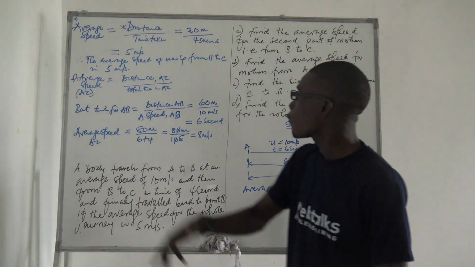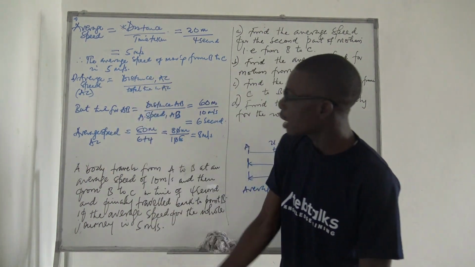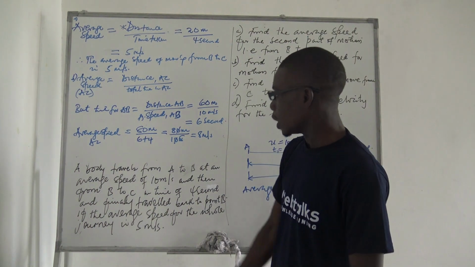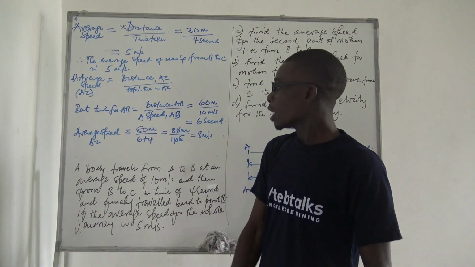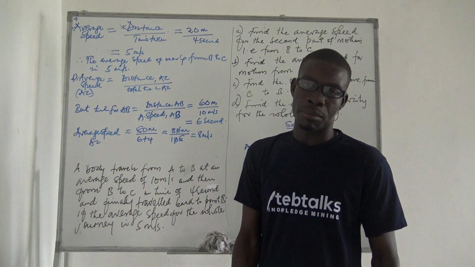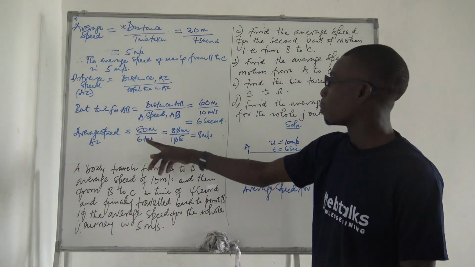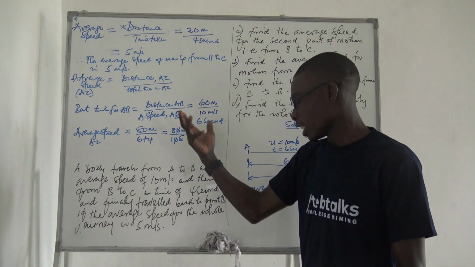And then we said we can now fall back to our statement and say that the average speed of AC is equivalent to 80 divided by the total time. That will be 80 divided by 10.